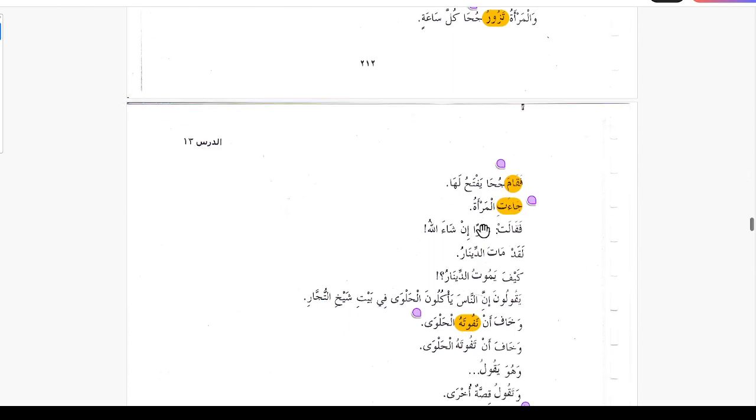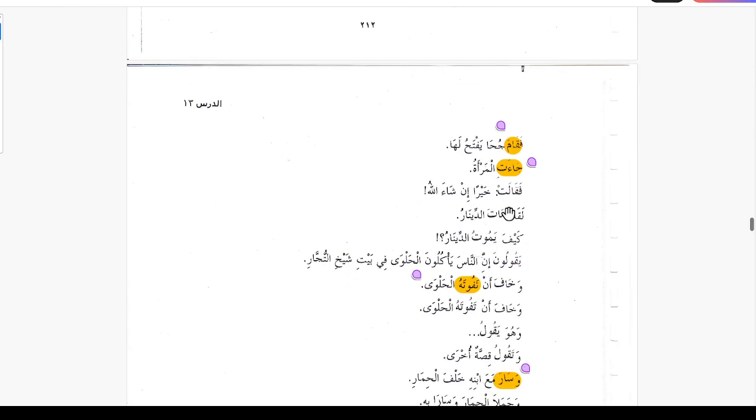Jaatil maratu, the lady, she came. So the verb is ja yajiu, and here the alif is actually ya, and we can see that in the present form. Ja, ya and hamza. To come.